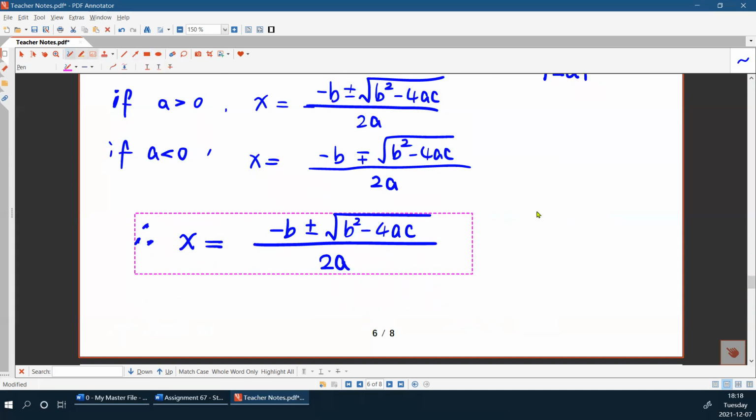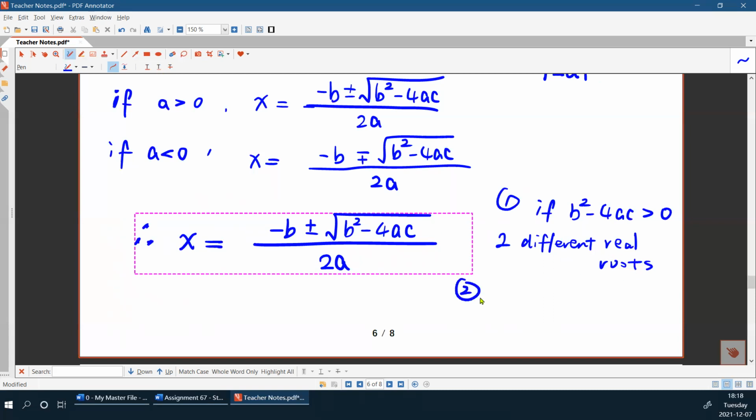So note here, if b squared minus 4ac is positive, then we have two different real roots, because the square root of a positive number is also a positive number. Then positive or negative, a positive number gives you two different real roots.